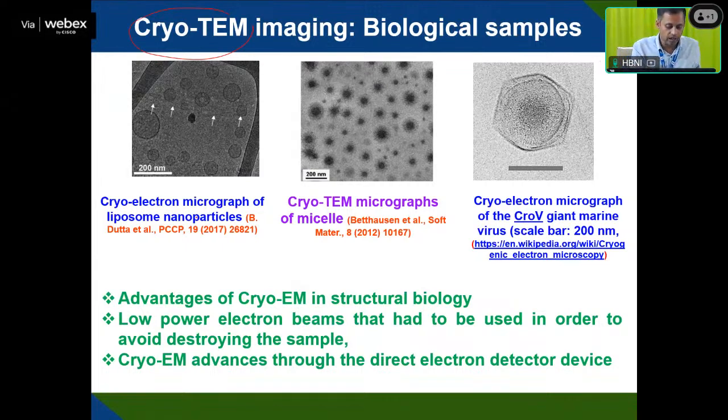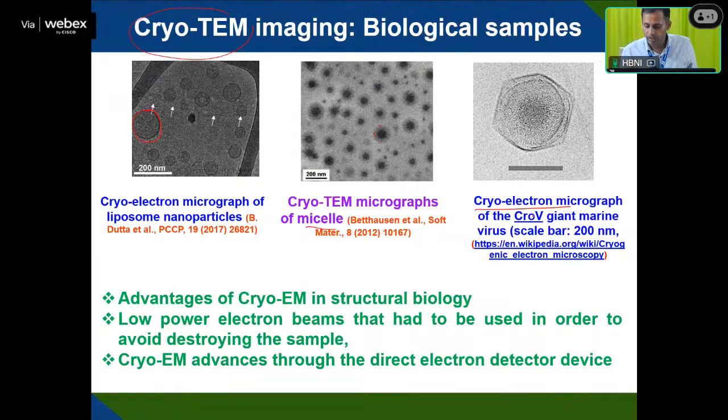Then you can see there is a cryo-electron micrograph of a liposome. On the liposome nanoparticle, you can see the liposome structure is a double layer structure. You can see here 2 layers are visible. And if you have a cryo-TEM of micelles, you can see how these micelles, the micelles are nothing but surfactant molecules. They self-assemble to form this.